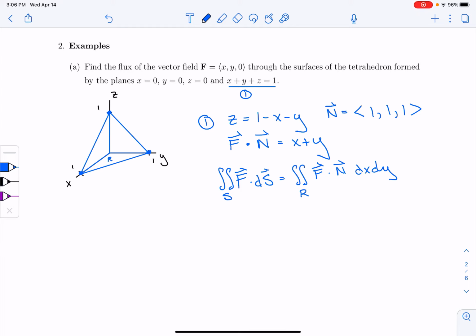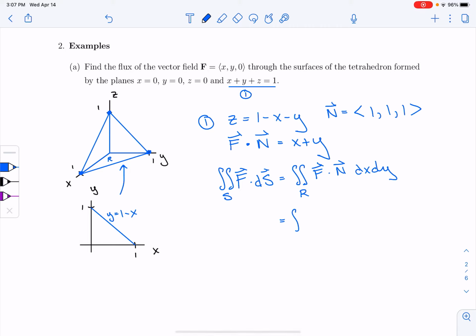Okay, so now I need to describe the region in the xy plane. So I'm going to draw what this looks like in the xy plane. So here I have the line y equals 1 minus x, which is of course also that line there.